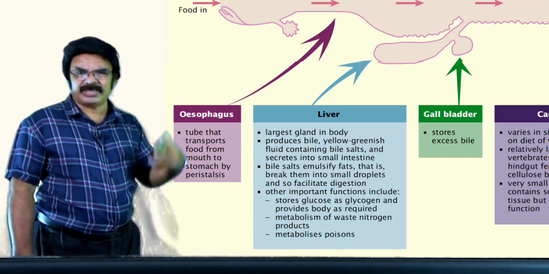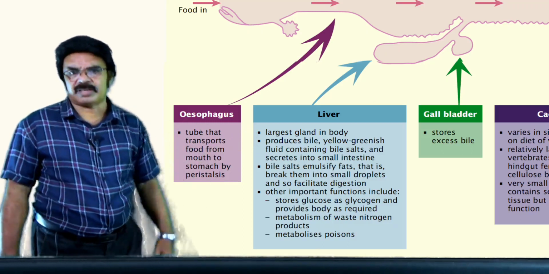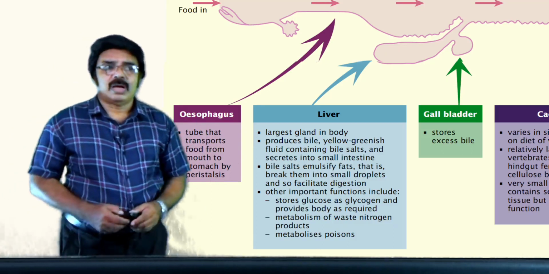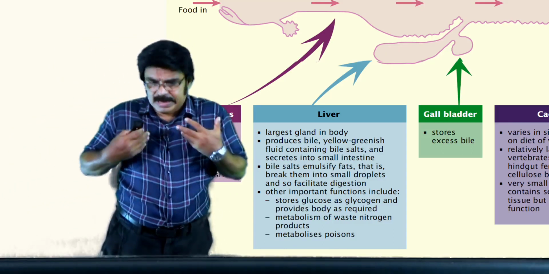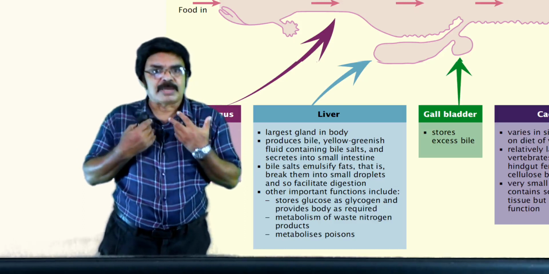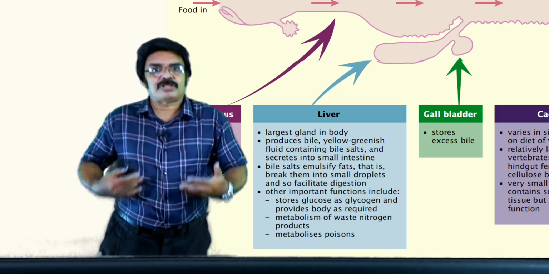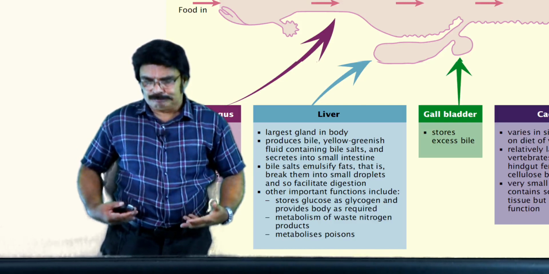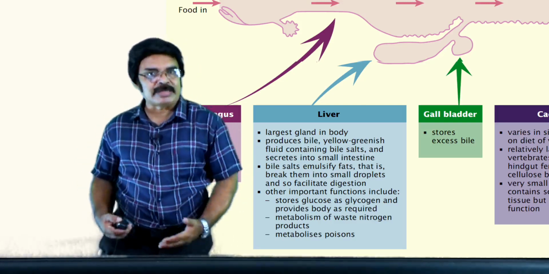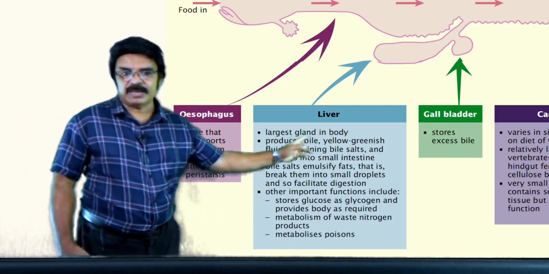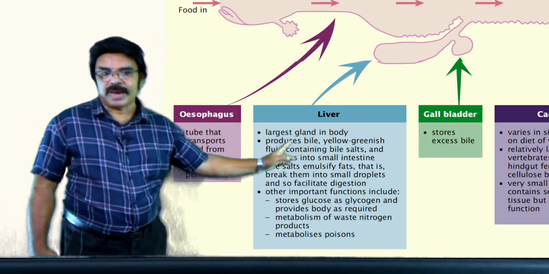It is the largest gland in the body, glandular in the way it secretes a lot of things, and it is the most active organ in the body. Body temperature is due to the heat produced by the body, and mainly the heat is produced in the liver. Largest gland in the body, produces bile.